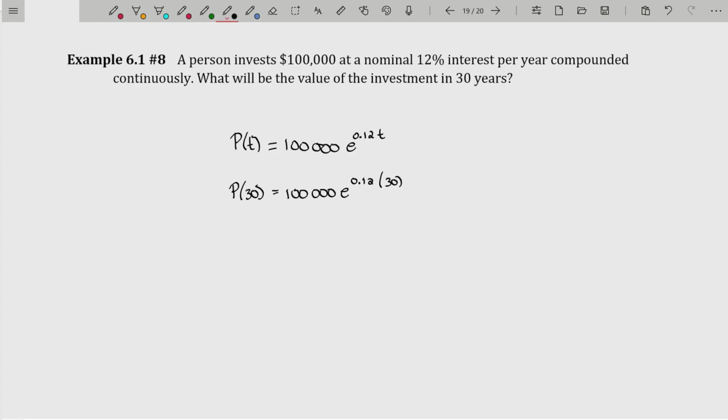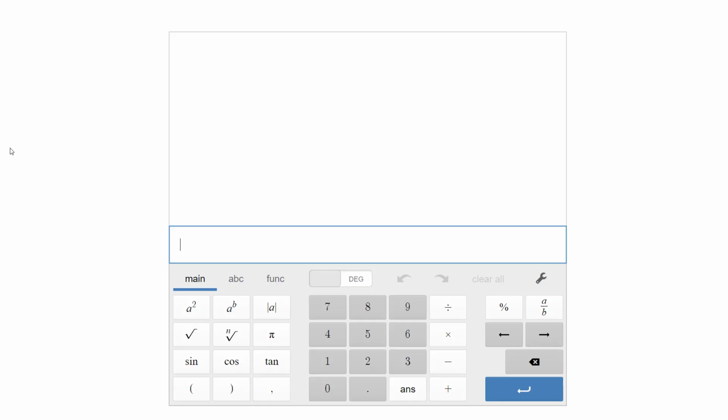And then we go over and grab a calculator, right? Let's go ahead and do that. What's nice about this is in Desmos, if you're in the scientific calculator, you could define a function there. You could say my function's 100,000 e raised to the 0.12 t.